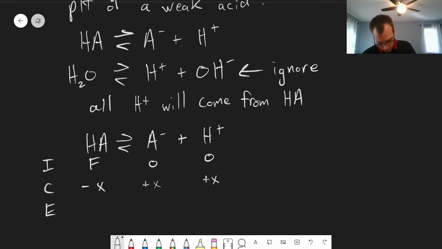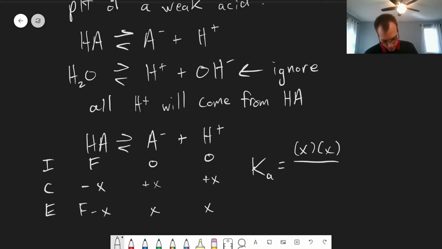So at equilibrium, we'll have F minus X, X, and X. Now we can plug this into our Ka expression. We'll have X times X at equilibrium divided by F minus X. And just a reminder, F is the concentration of HA that was prepared. So this gives us a nice Ka equals X squared over F minus X.